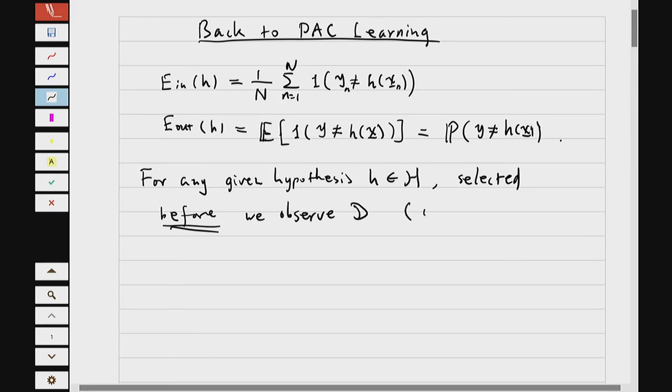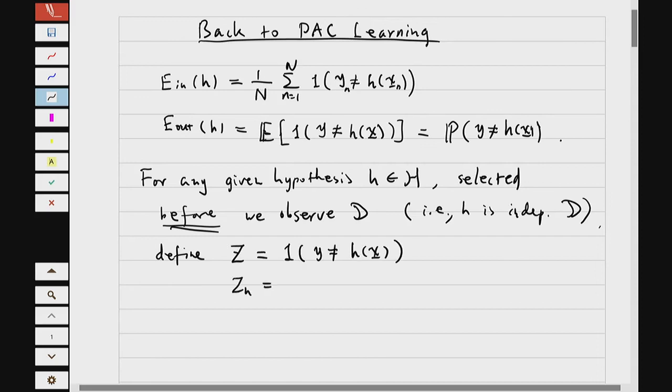In other words, H is independent of the data. Then let's define Z as the Bernoulli random variable, y is not equal to h of x. Zn would be 1 if yn is not equal to h of xn, for the nth training sample that we have.